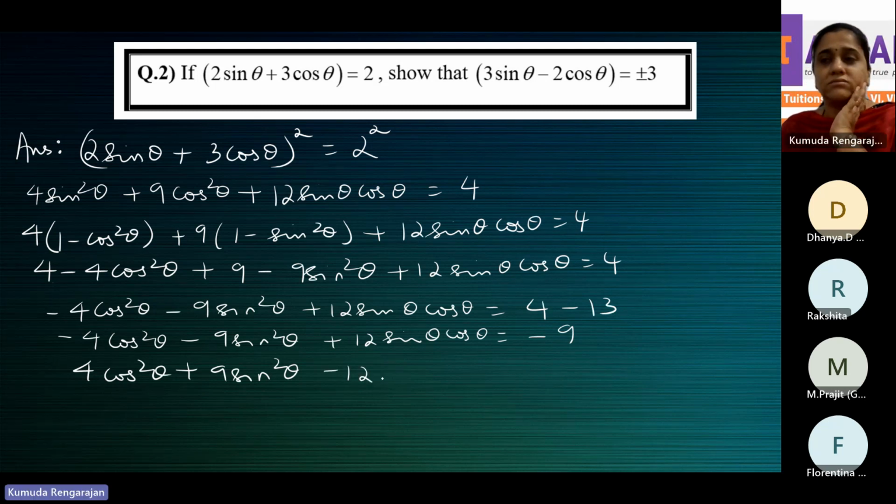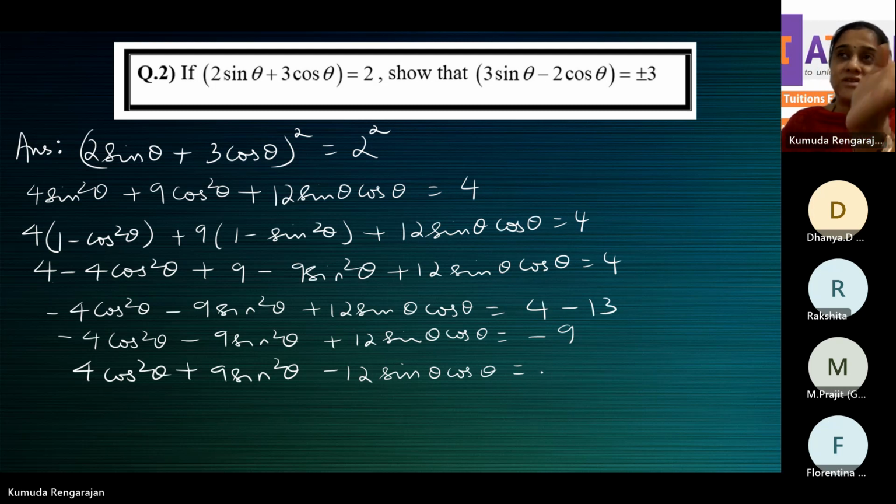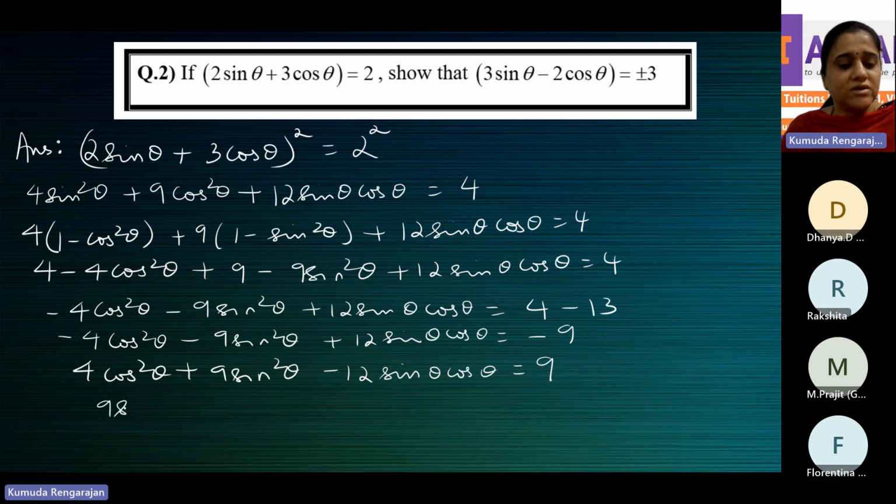Minus 12 sine theta cos theta is equal to, change the signs on both the sides, plus 9. Now see, you want 3 sine theta first, no? So you write this 9 sine square theta first. 9 sine square theta plus 4 cos square theta minus 12 sine theta cos theta is equal to 9.